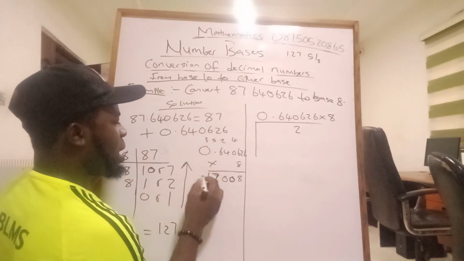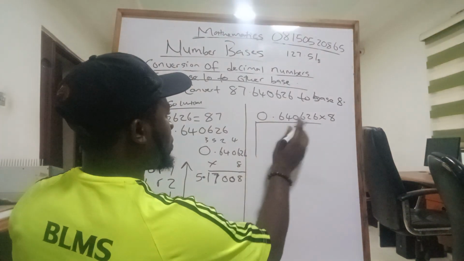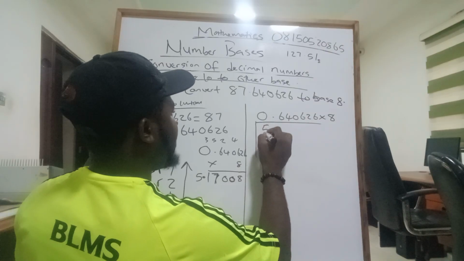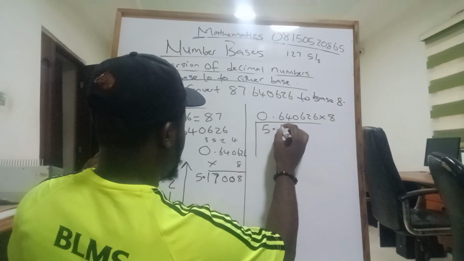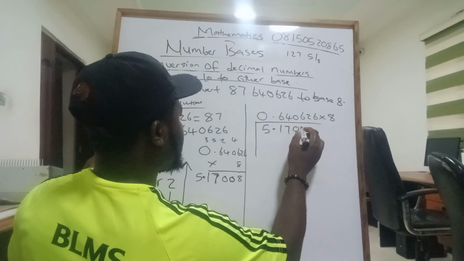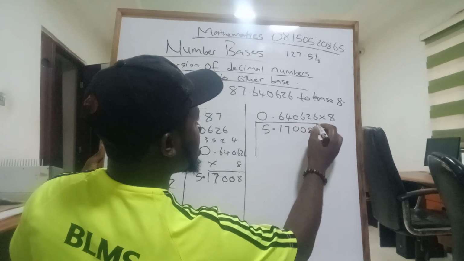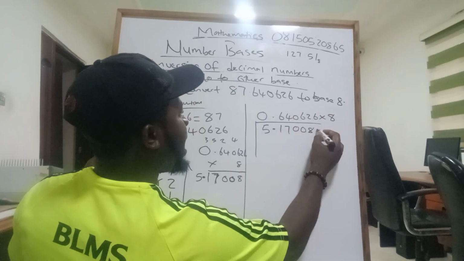Then we have 1, so that's 5 points. So that means this will give us 5.17008. Then we keep on multiplying.